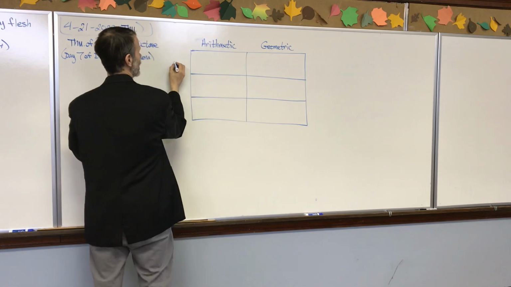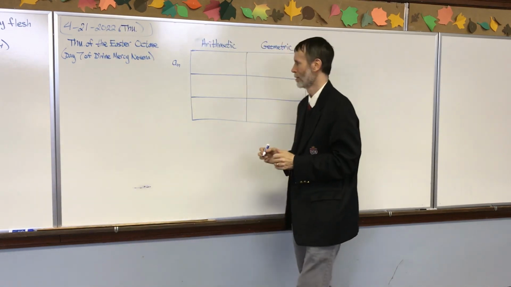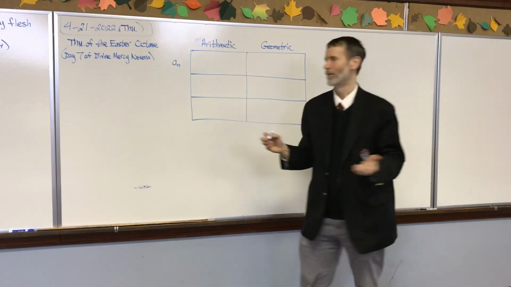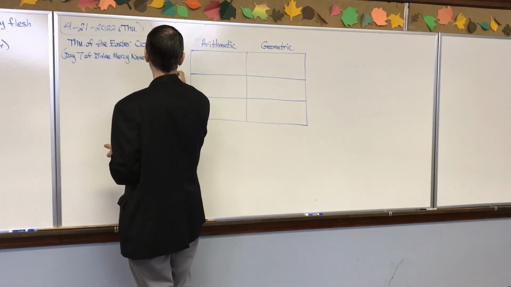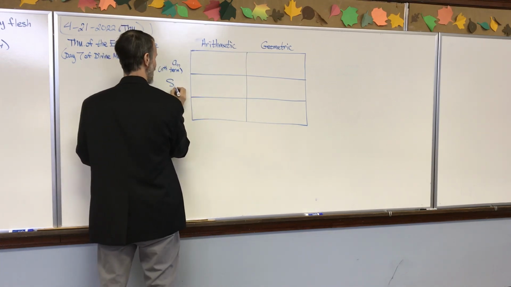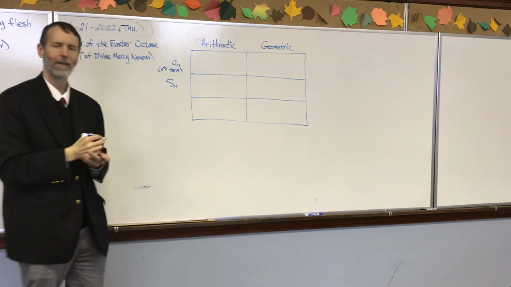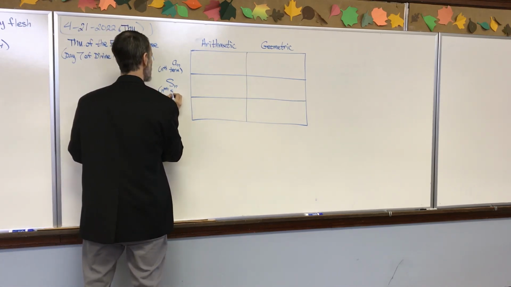The first row is going to be a sub n. That's the nth term. The second row is going to be capital S sub n. That's what we call the nth sum.